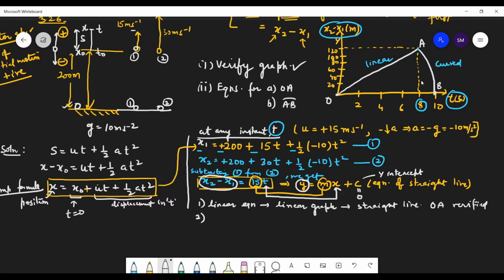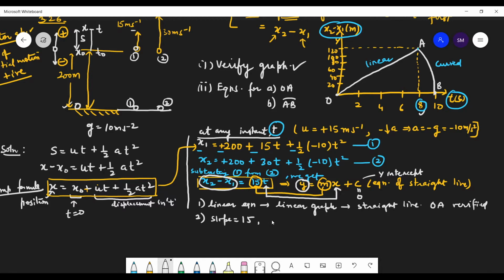Now we still have to verify why this is straight only up to 8, but first of all, from 0 it will be a straight line. The second thing which is verified is the slope equals 15.